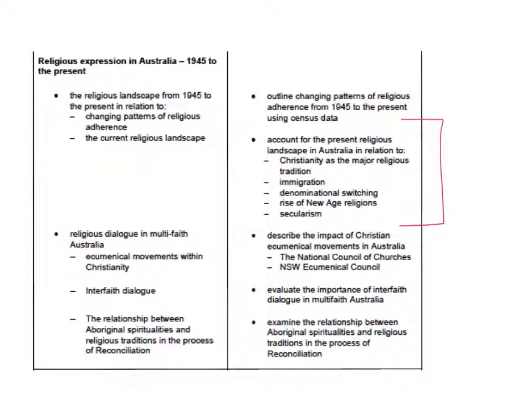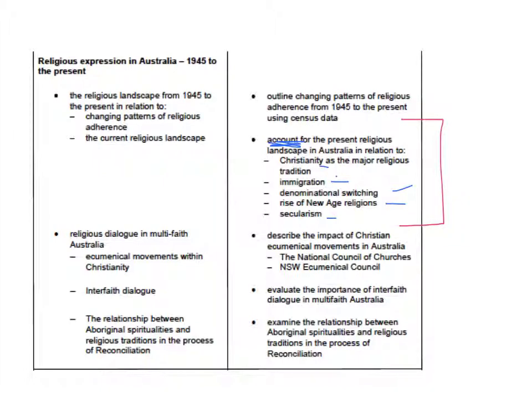So saying, okay, why has there been such a lift in Hinduism or such a lift in Islam, and you're able to account for it, saying, okay, here's the census data, this is what it says, and this is why it's happening. So either immigration or people switching between denominations, and the rise of New Age, and the separation of people from religion, the separation of religion from state. It's quite interesting, but it's a lot of accounting for change.